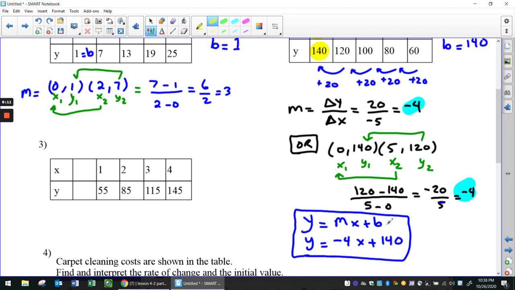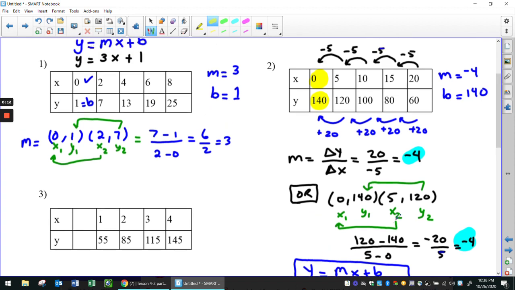It took a lot of room here because I showed you both ways of solving for slope with a table. So if you decide that you don't want to do this technique, that's fine. We're just going to need it for the next example, but you could use the points as well to find the slope. So again, you could use 5, 120, and 10, 100, or any of the other points.